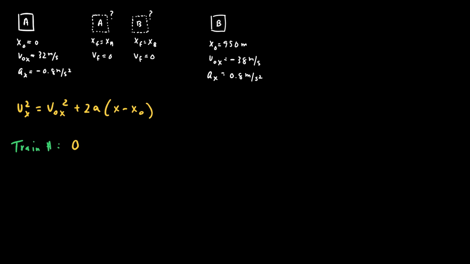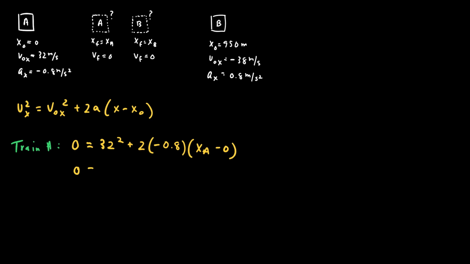The final speed is 0, so v_x is 0. The initial speed of train A is 32, so 32 squared plus 2 times the acceleration, and the acceleration is a vector, which is here minus 0.8. The final position of train A we do not know, that's what we're looking for, and so we'll call that x_A, and the initial position was 0, so minus 0.